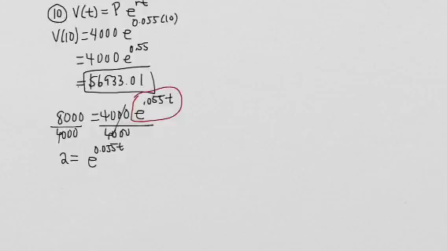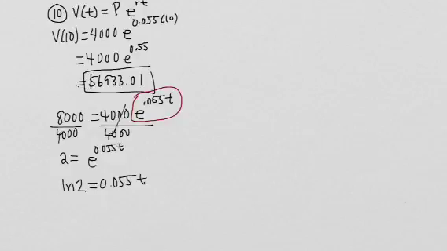Since my variable is in the exponent, the only thing I can do right now is convert this equation to a log equation. So I'm going from exponential to log. The base is e, so I'm going to put natural log of 2, because that's the value I want to reach, and it equals the exponent.